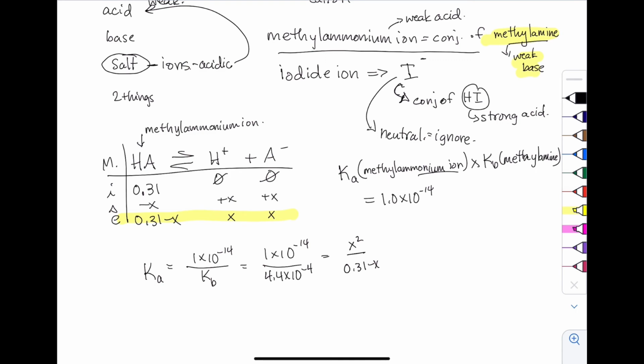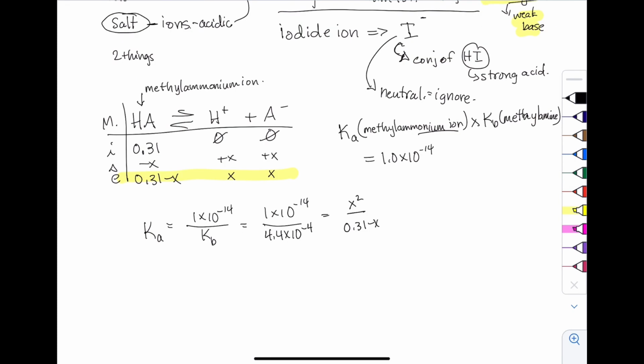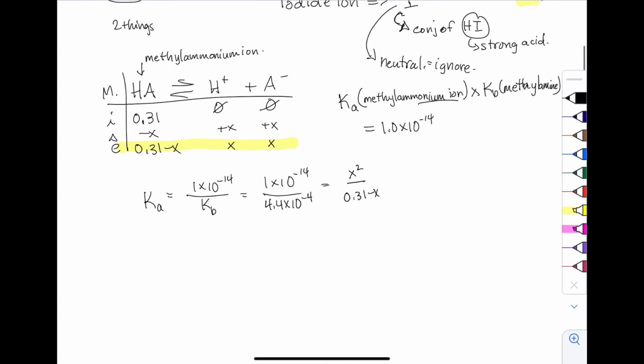This is the time when I would probably go to an algebra solver. I could just plug it in directly, or I can use the approximation and plug it into my calculator, or I can do it by hand, but I don't know why you would ever do it by hand.